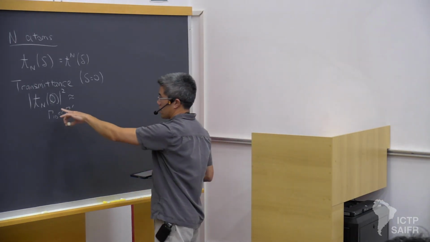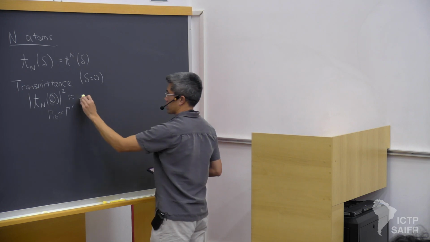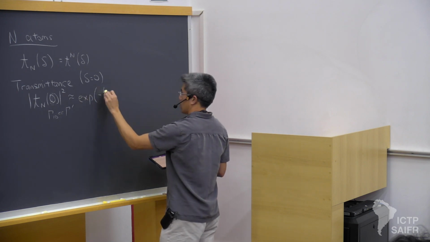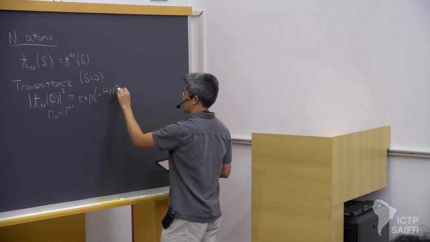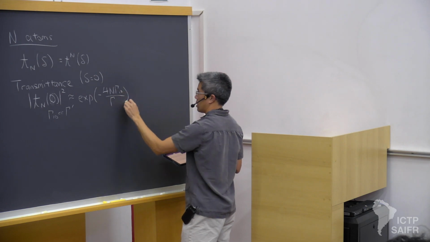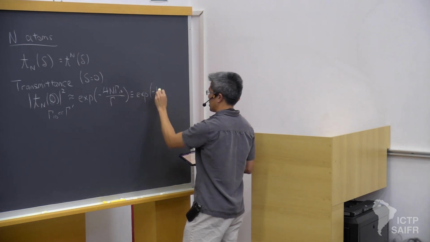Then when you exponentiate this thing to the nth power, you can more or less approximately write it as an exponential itself: e to the minus 4 times atom number times gamma 1D over total gamma. And this you can define as e to the minus d.